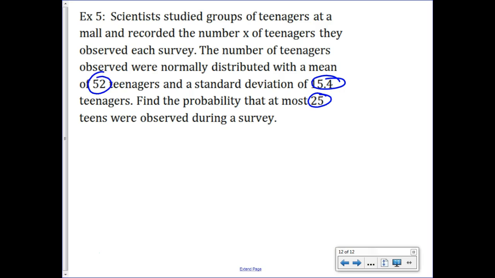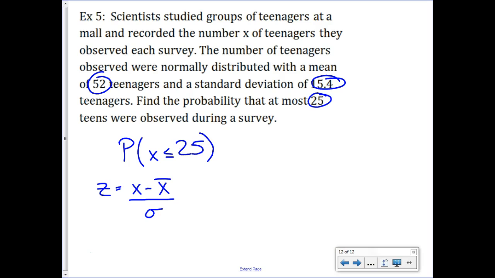So we want to know the probability that at most, so less than or equal to 25, were observed. And so we want to know what that is in a z-score so we can look it up on our chart. So our z-score is our x value minus our mean over our standard deviation.